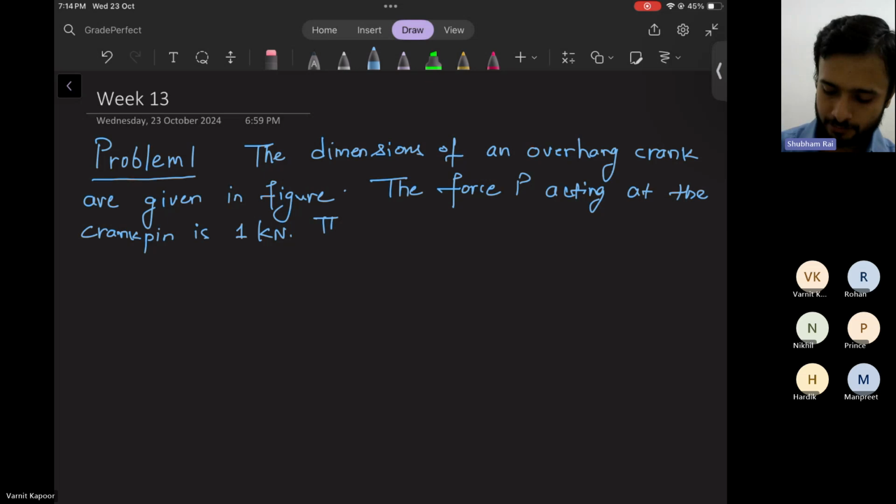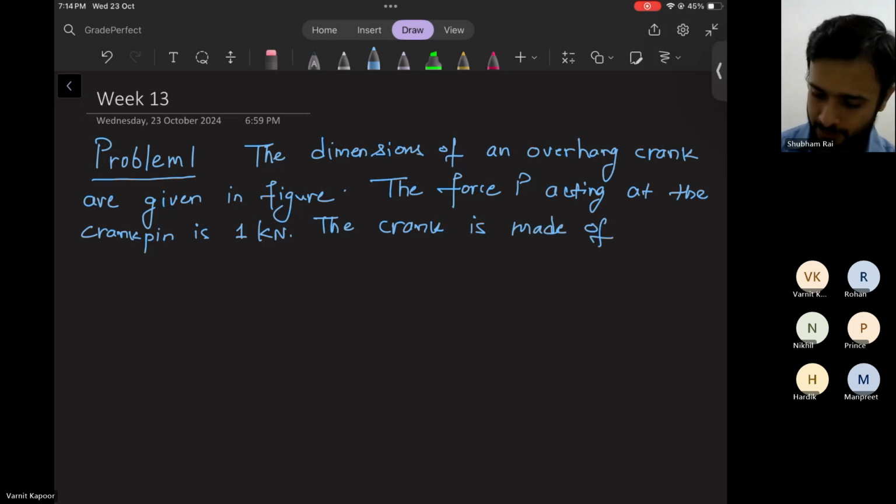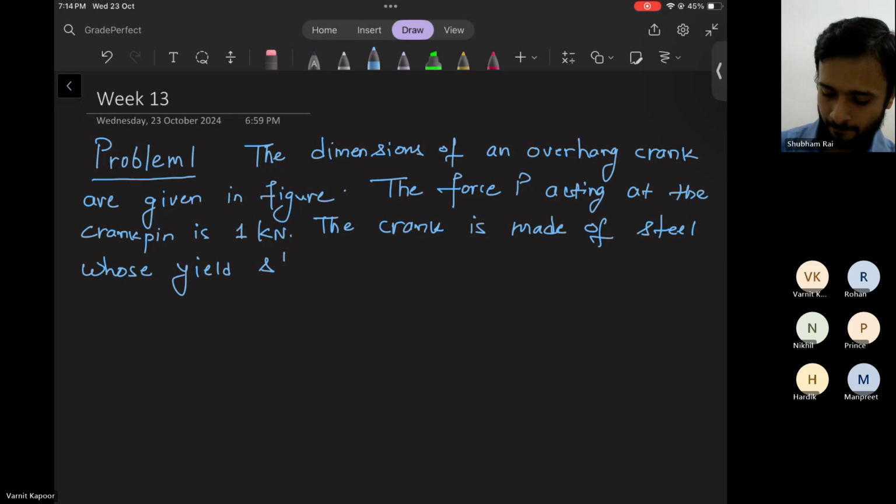Now the crank is made of steel whose yield stress in tension is given to you.